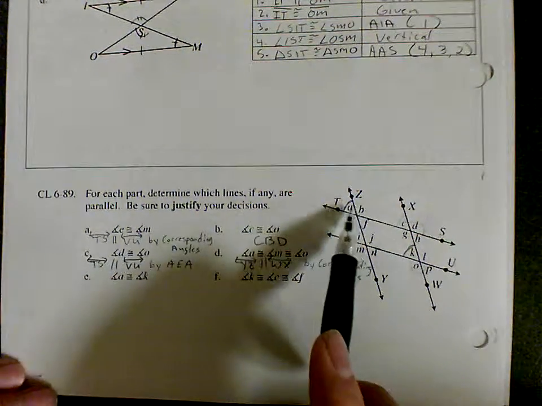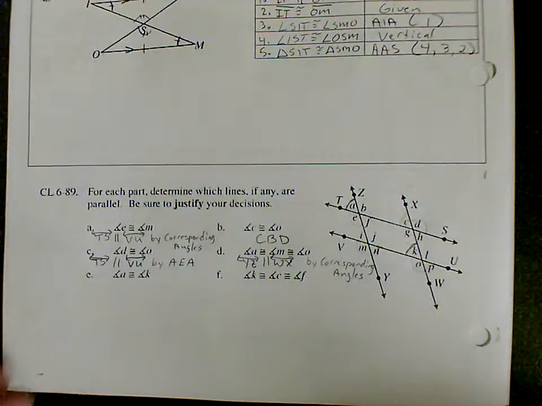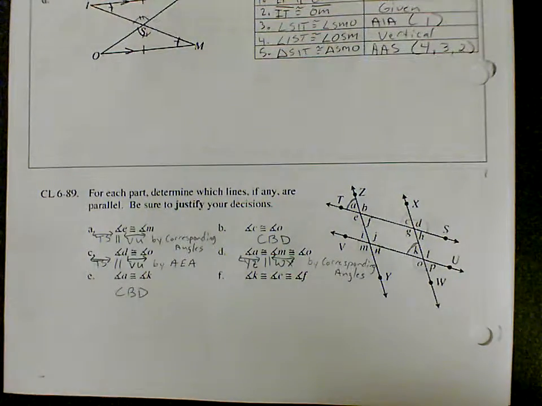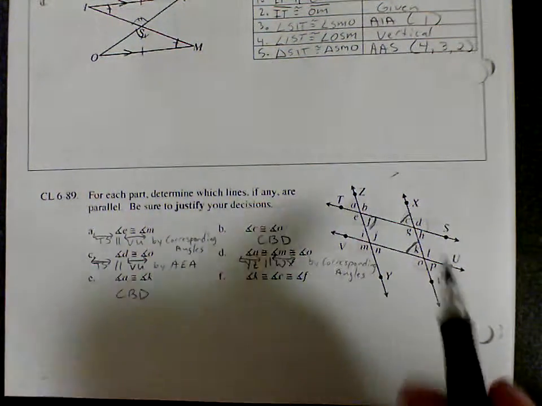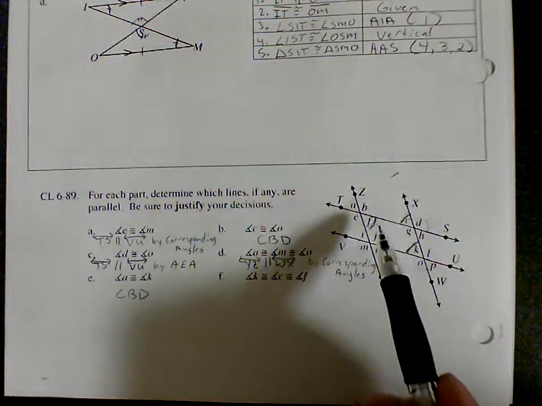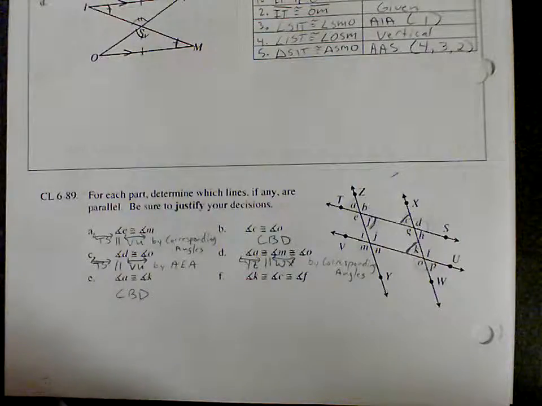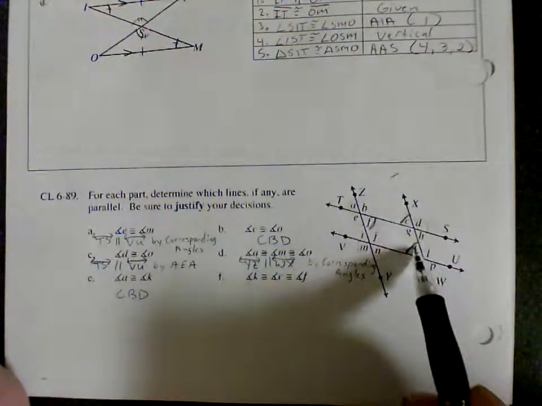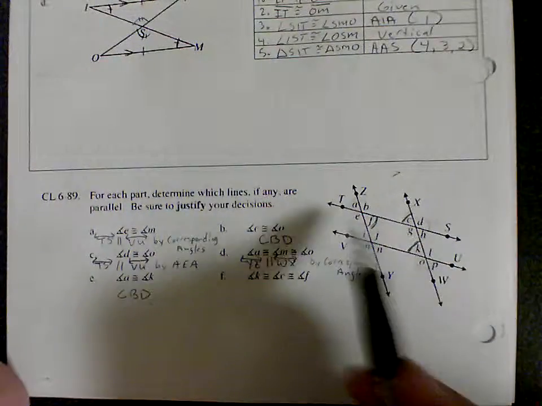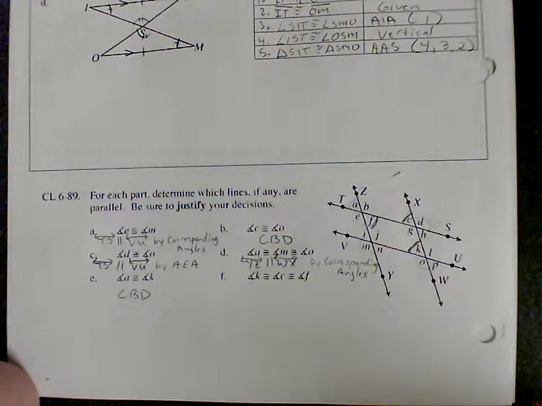Question E says angle A and angle K. Those two aren't even on the same sets of lines, so there's going to be nothing there that we can use, so cannot be determined. And the last one, we have angle K is congruent to angle C, which is congruent to angle F. So for this one, first let's look at these. These two do have an angle relationship, so we know that those two lines must be parallel.